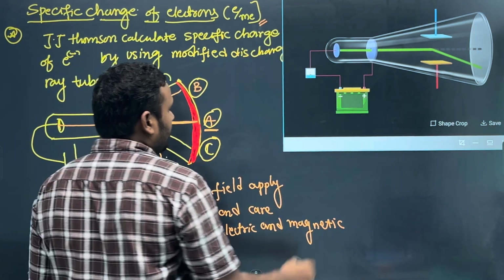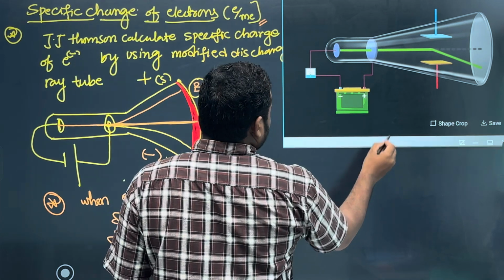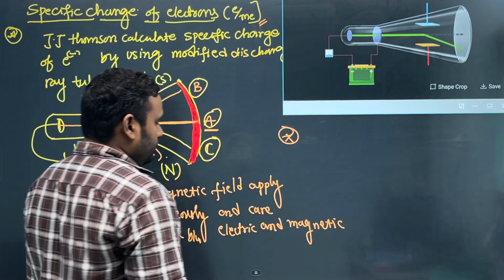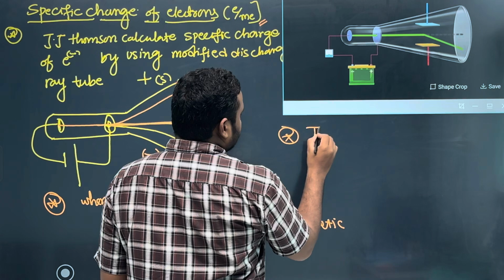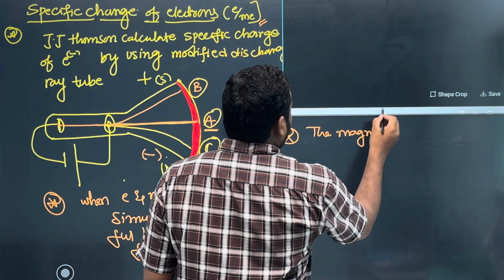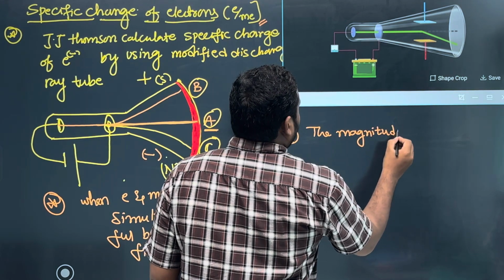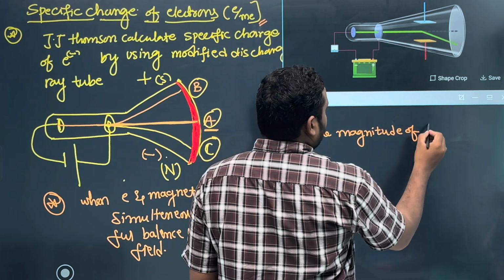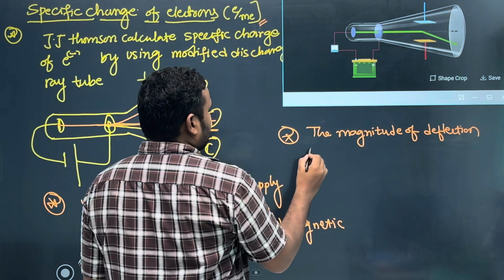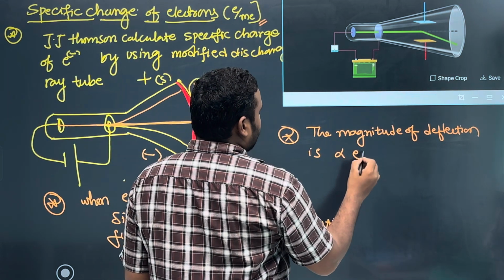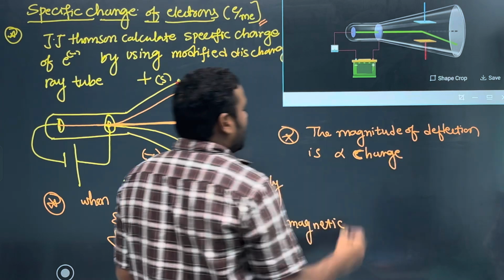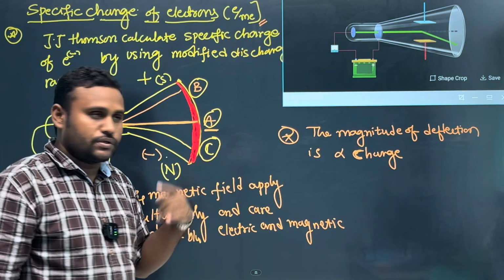And one more thing he observed: the magnitude of deflection is directly proportional to charge. Here, as charge increases, the magnitude of deflection also increases.